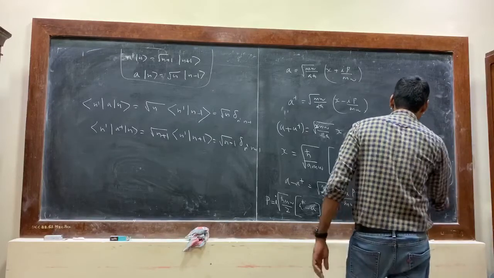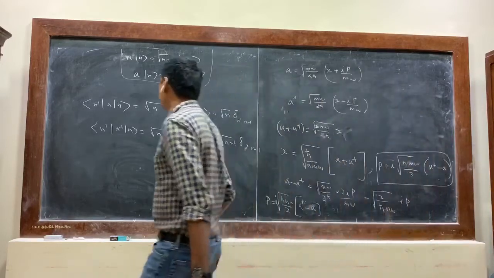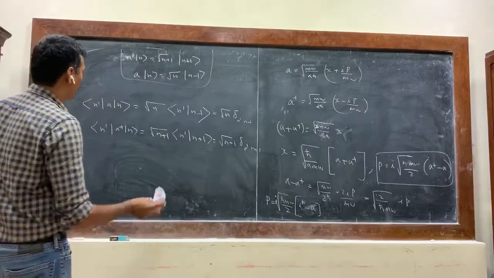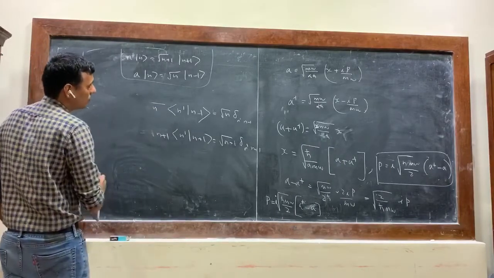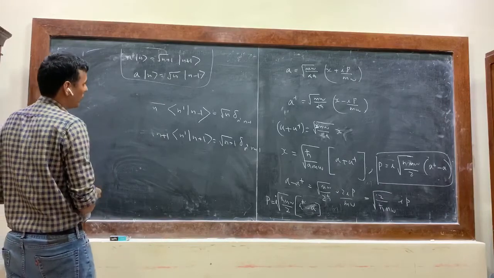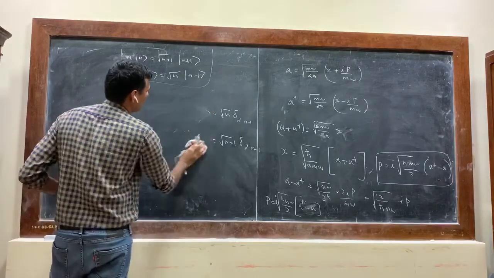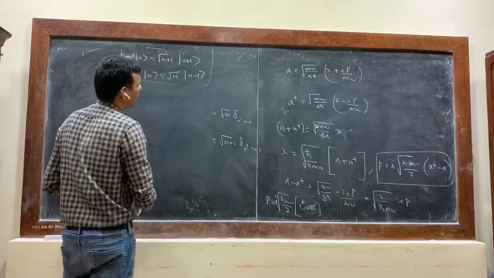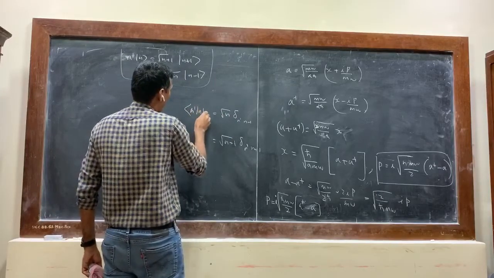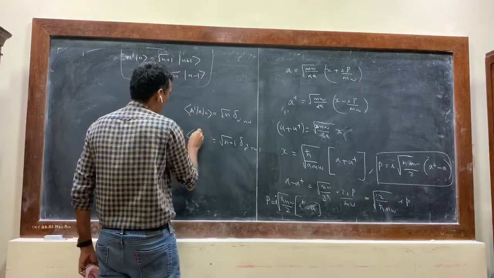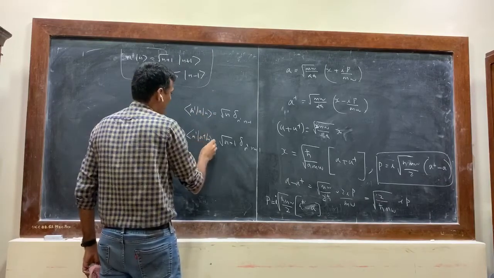Alright, so now let's try to figure out what we need. This was my ⟨n'|a|n⟩ and this is ⟨n'|a†|n⟩, right?